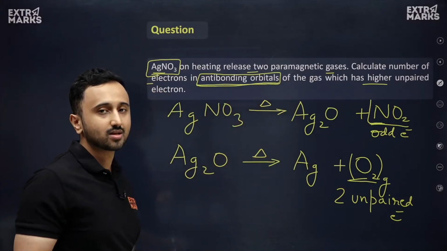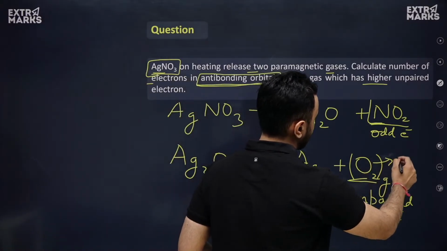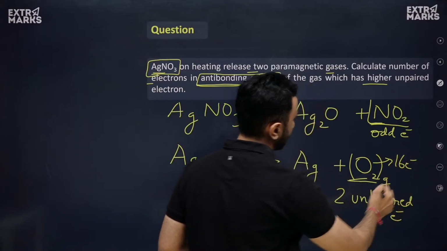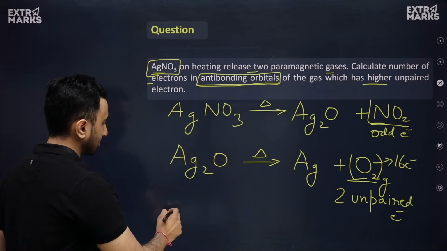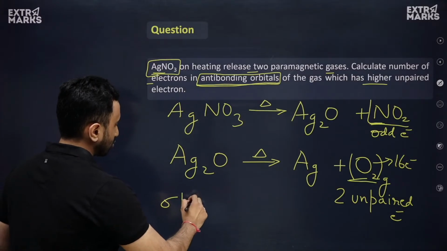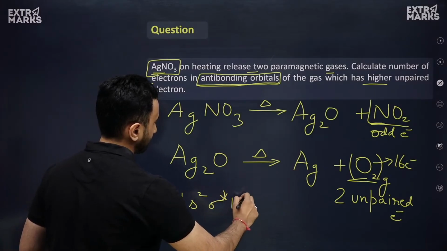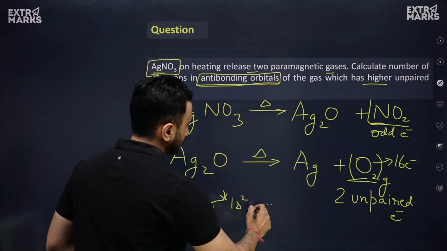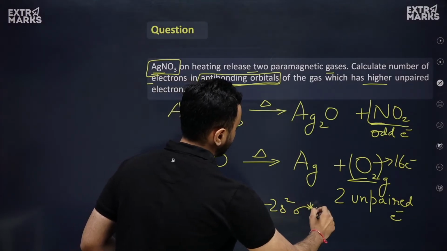Okay, now it's very simple. So O2 contains how many electrons? A total of 16 electrons. So let's write its electronic configuration using MOT. It will be like this: sigma 1s2, then sigma star 1s2, then sigma 2s2, sigma star 2s2.